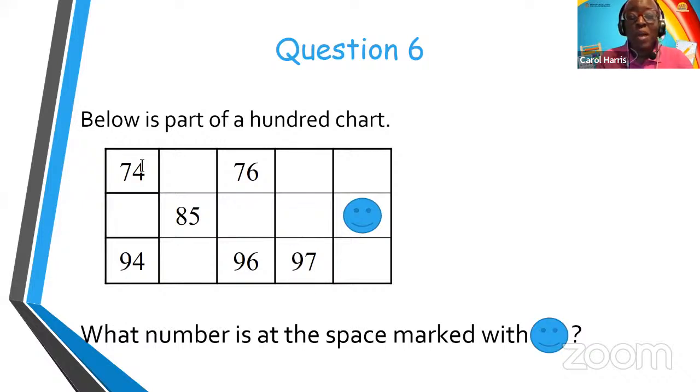Mr. Levi, open your mic for me. You've been wanting to say something for so long. Tell me which part of the chart you are using to look for the adding by 10.